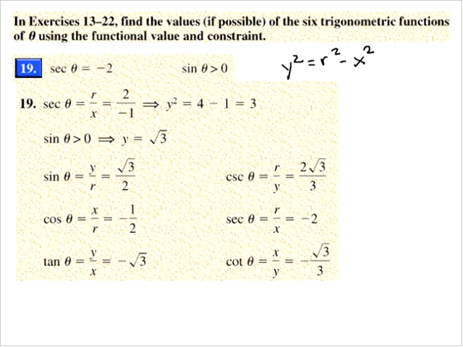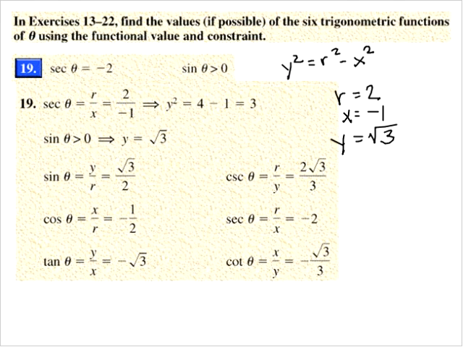So if I know r equals 2 and x equals negative 1, we can find y squared using this formula here. To find y squared, we would do 4 minus 1, which is 3. So y equals the square root of 3.